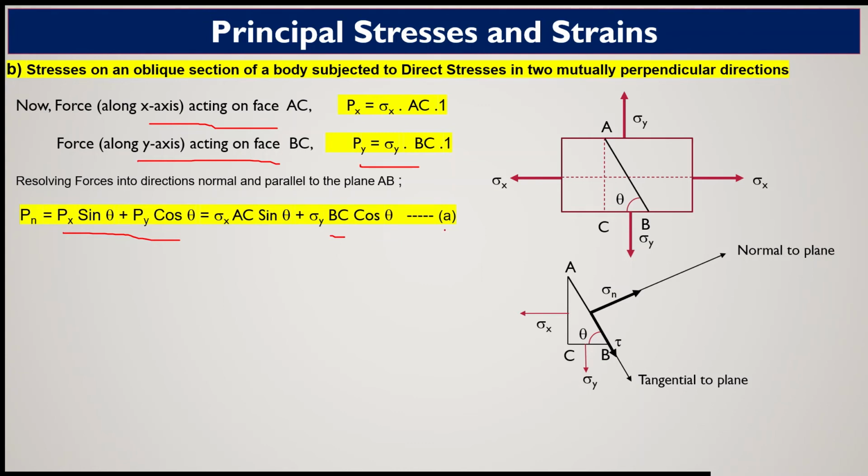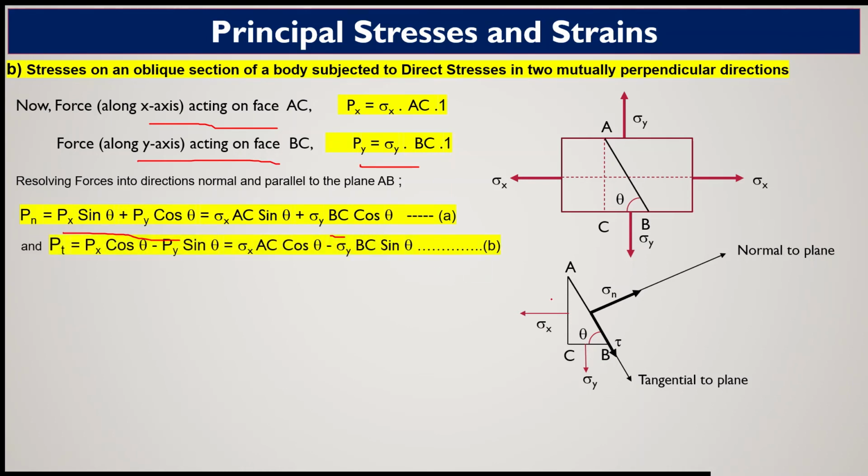So it will give equation A. Now this equation gives the formula to evaluate the force acting normal to plane AB, which is an oblique plane having an angle theta with the x-axis.